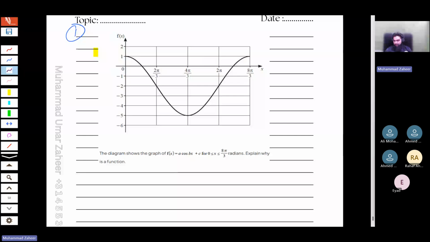Yes, everyone. Why is this graph going to be the graph of a function? One to many. One to many is not a graph of a function.